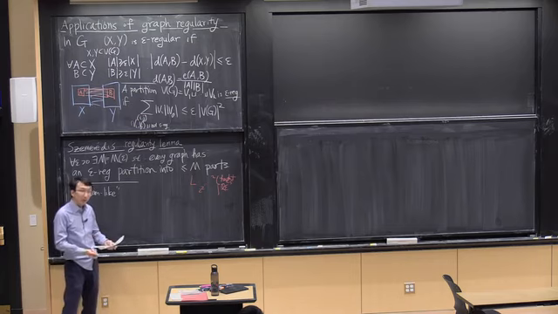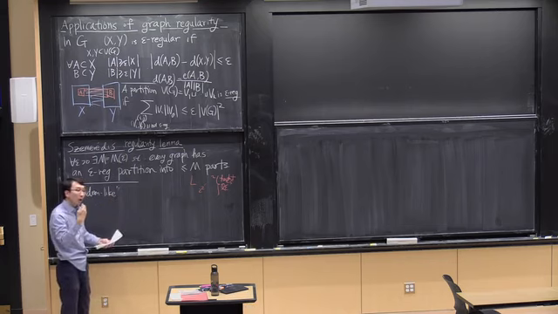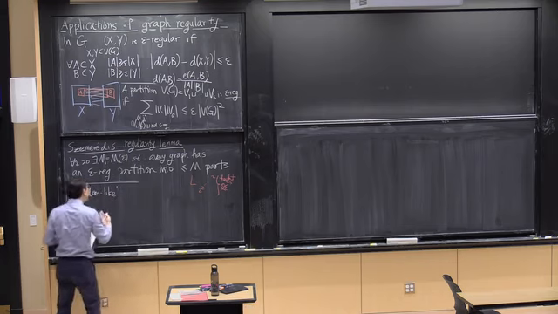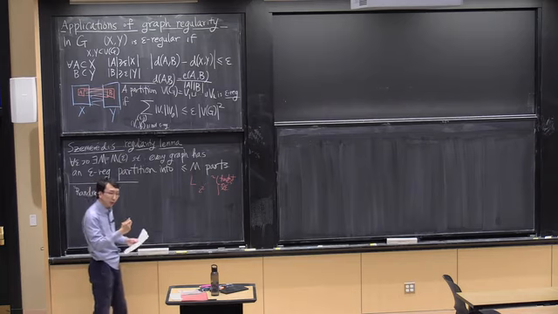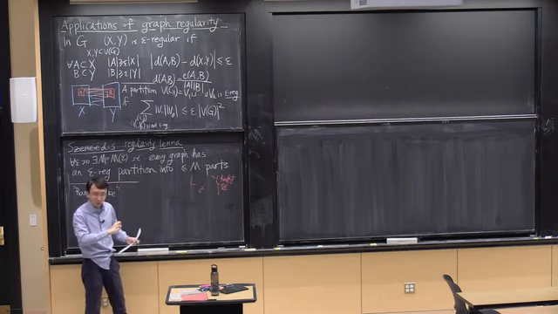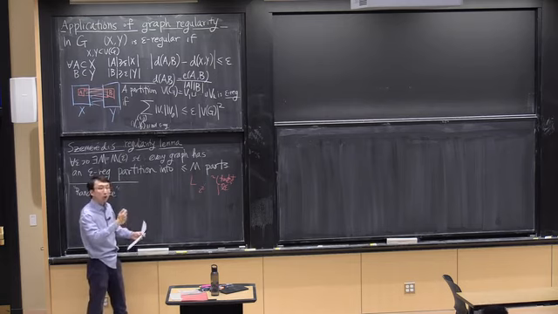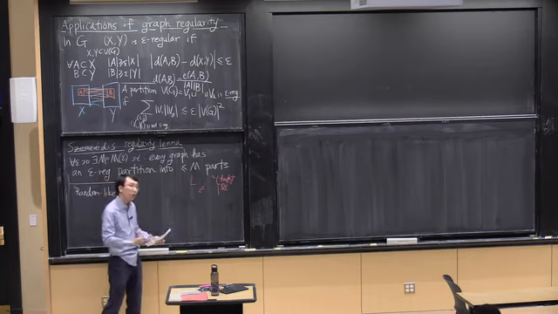So what does random-like mean? There's a specific definition, but the intuition is that in many aspects, especially when it comes to counting small patterns, the graph in a random-like setting looks very similar to what happens in a genuine random graph.